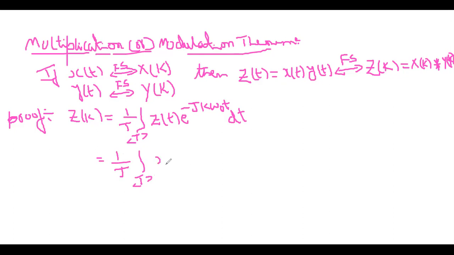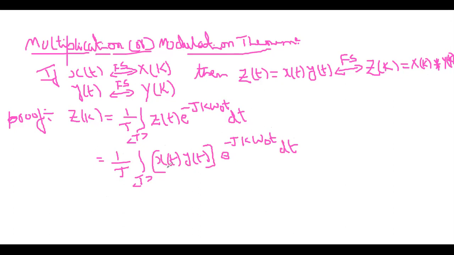It is the multiplication of the two time signals, x of t and y of t, times e power minus jk omega naught t dt. Okay.